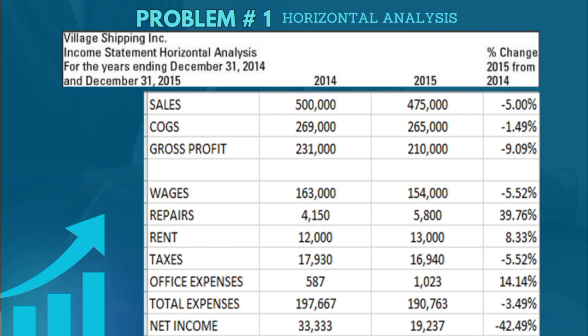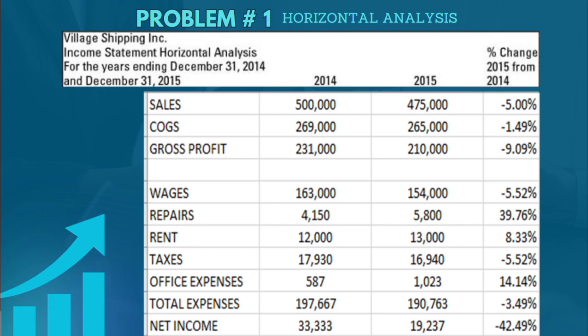They have 4,150 repairs in 2014 and 5,800 in 2015. They have 12,000 of rent in 2014 and 13,000 in 2015. They have 17,930 taxes in 2014 and 16,940 in 2015. They have 587 office expenses in 2014 and 1,023 in 2015.